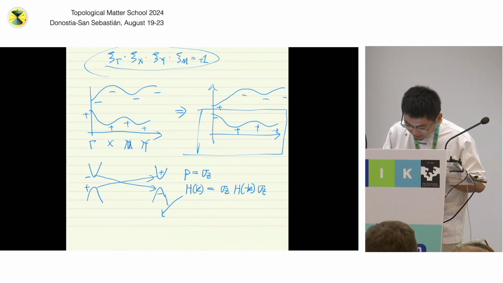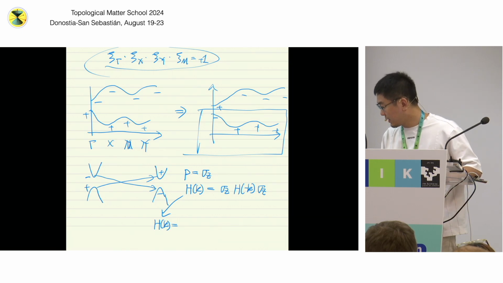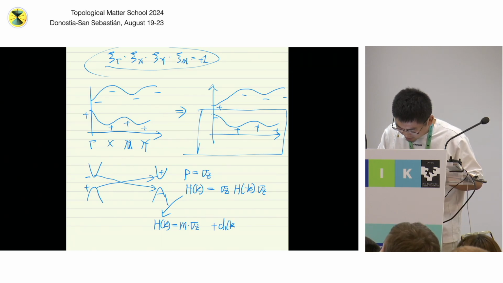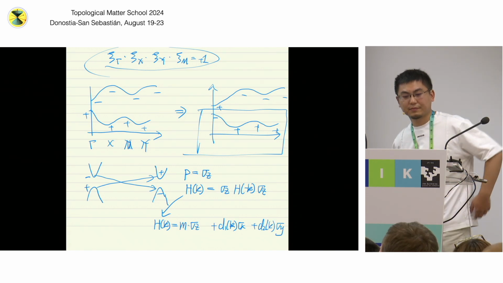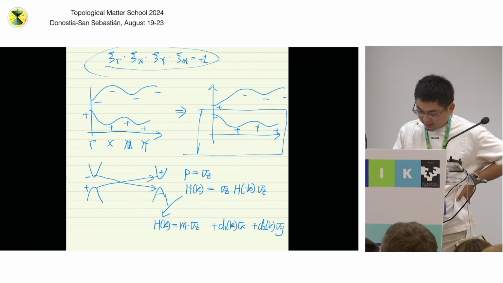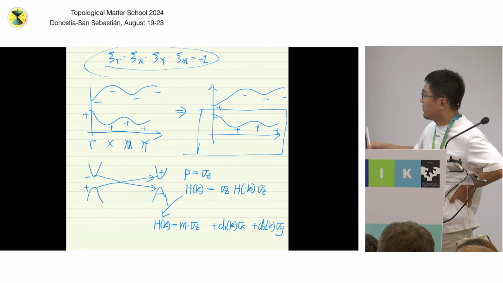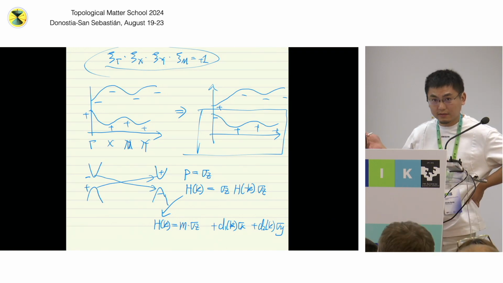Following this constraint, we can write a k·p model like this: m times sigma z plus d1(k) sigma x plus d2(k) sigma y, right? This m can be a function of k, but for simplicity, we assume it's a constant.